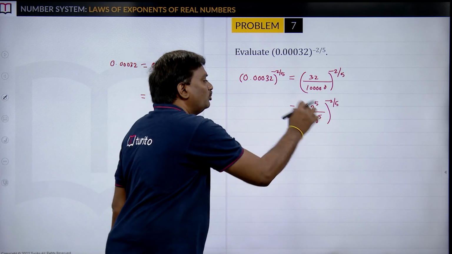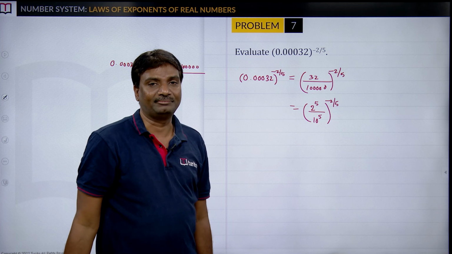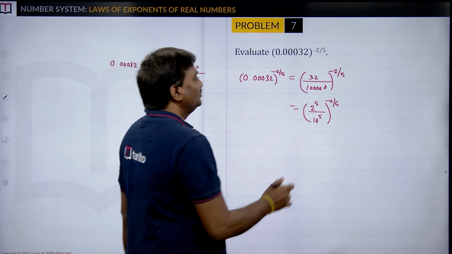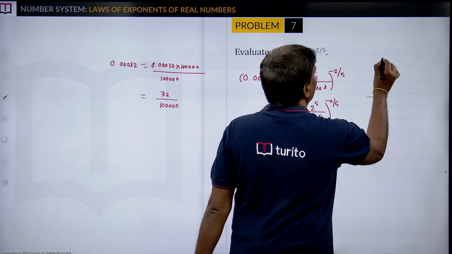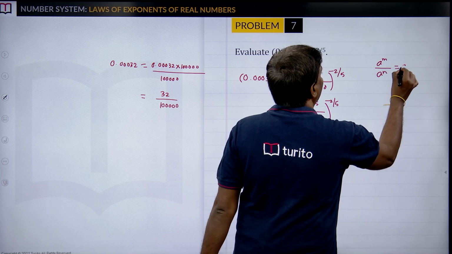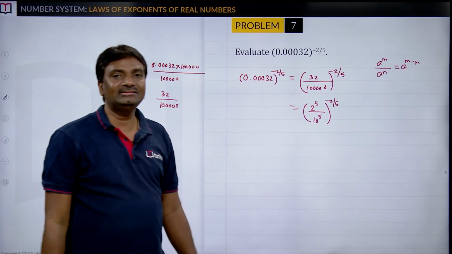So 2 power 5 by 10 power 5, power minus 2 by 5. By observing 2 power 5 by 10 power 5, we have the same power, but the bases are different. We have the formula a power m by a power n equal to a power m minus n.